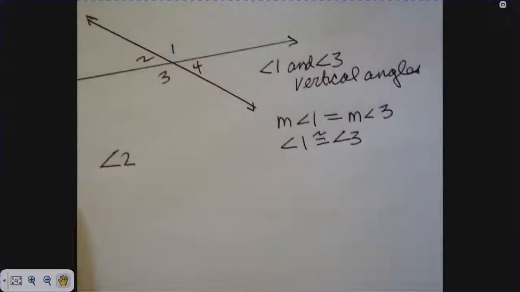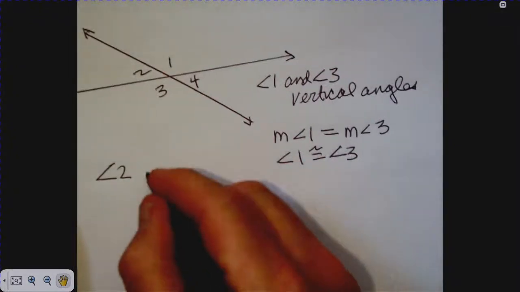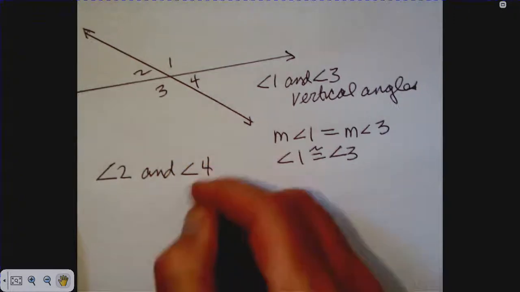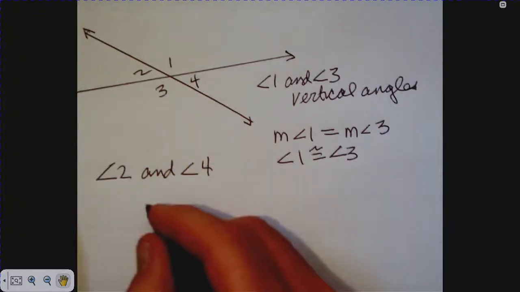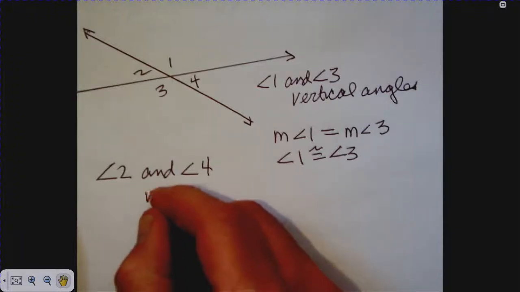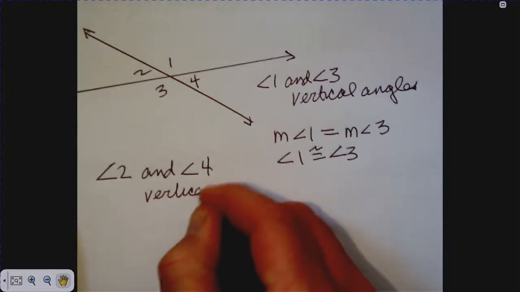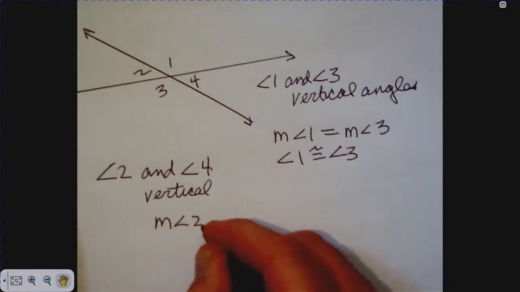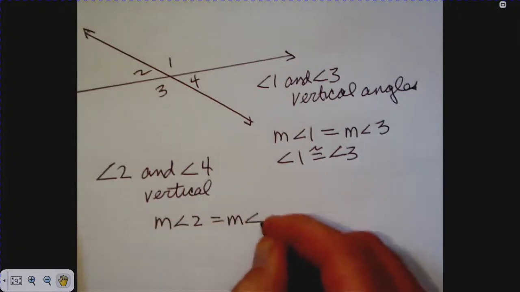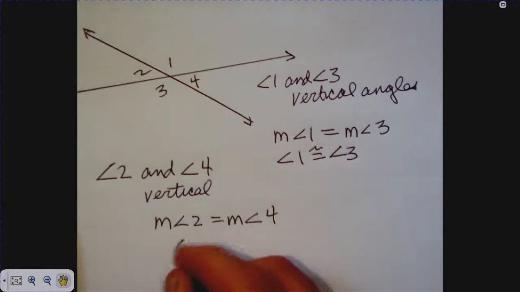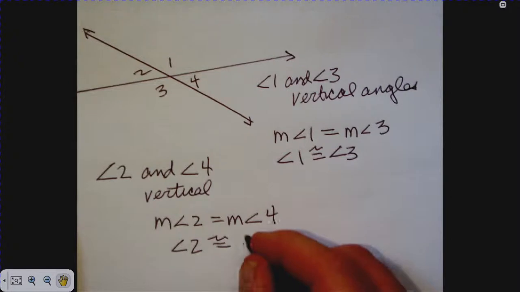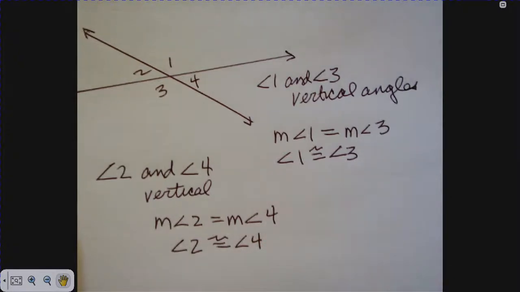Similarly, angle 2 and angle 4 are vertical, and we know then that the measure of angle 2 is equal to the measure of angle 4, or that angle 2 is congruent to angle 4.